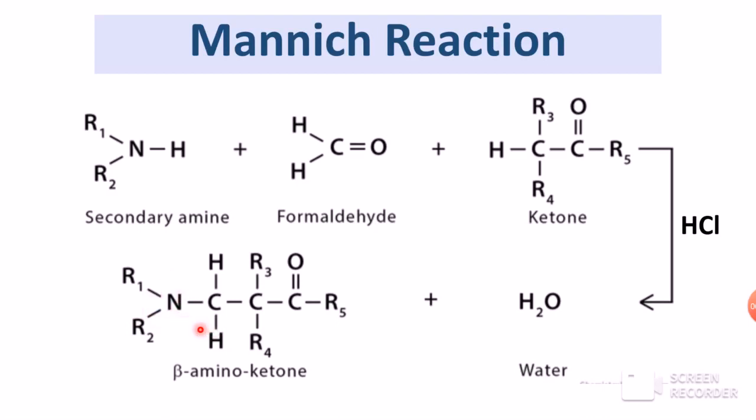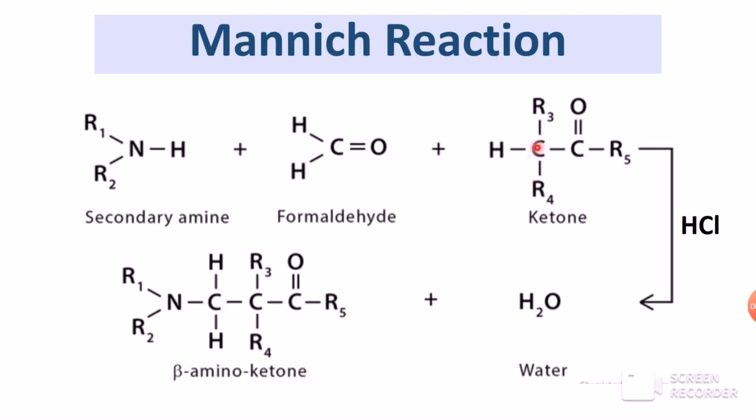So at the beta carbon an amino group is present, so beta amino ketone, or we can say beta amino carbonyl compound, because this is a carbonyl compound or carbonyl functional group. So simply, in the Mannich reaction, a secondary amine, primary amine or ammonia reacts with formaldehyde and a ketone with an alpha hydrogen atom, and then it forms the beta amino ketone.